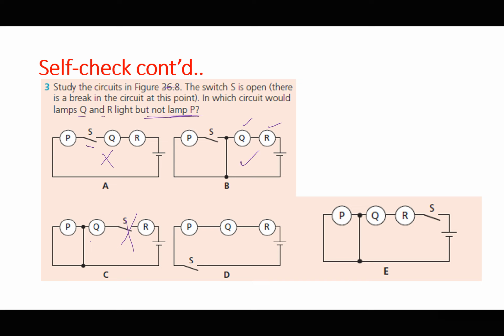So Q, there's no power supply. Then here, if the switch is open, there's an open circuit connection with the battery, it will not light. Then here, when S is open, there's an open circuit connection with the battery, so this will not light. So the question was, in which circuit would lamps Q and R light, but not lamp P? So the answer is going to be B.